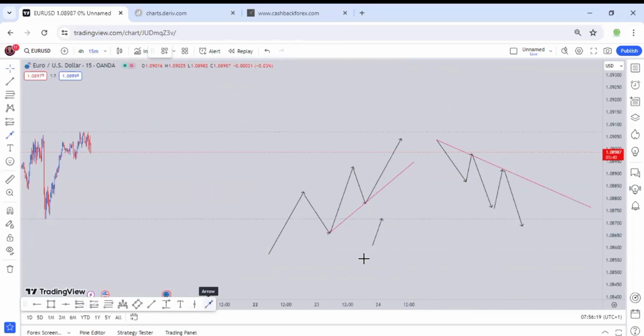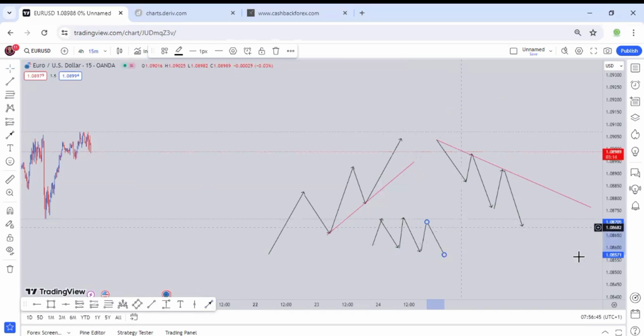Whether we are in a range like this. Sorry, guys, this resembles an N pattern. We have to break the N pattern. So this is a range.